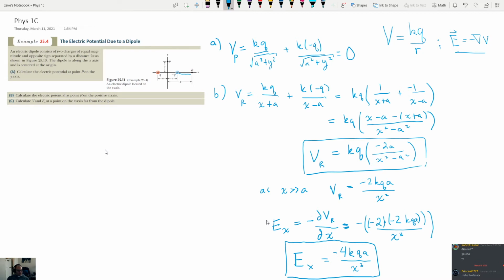All right, any questions about that? Hey, Professor, could you remind us why it's a negative partial? It's basically, it comes from the fact that the connection between the force fields and the scalar fields is related to the connection between change of potential energy and work, right?